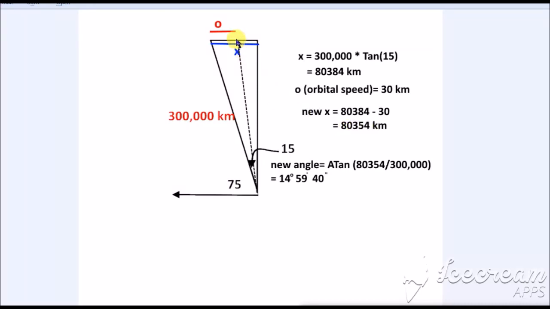So we have distance here, and we have distance here. So the angle, we can calculate it, and it came like this. So this is where we see that it is almost 20 seconds less than 15 degrees. Of course, this drawing is not to scale.